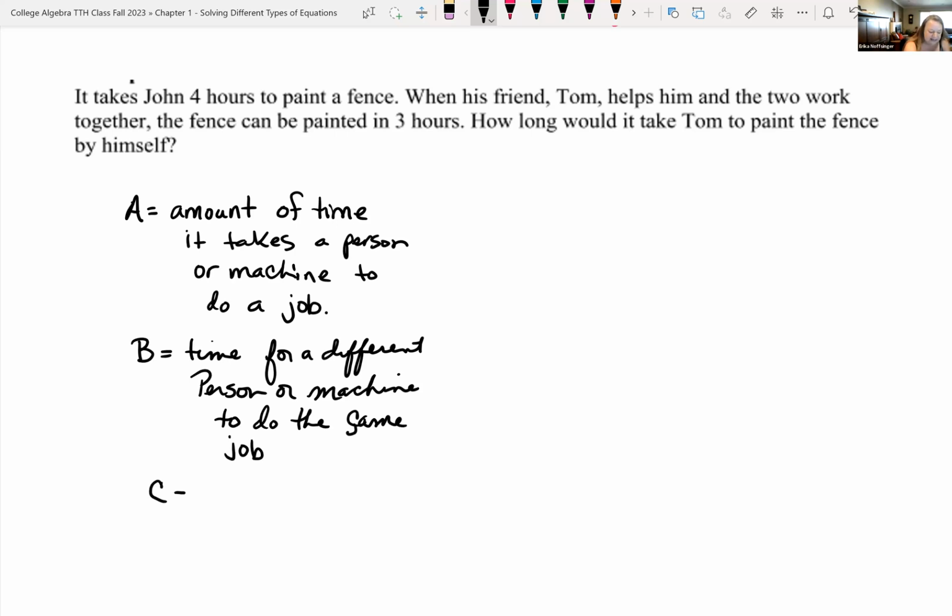And C is equal to the time it takes to do the job together.